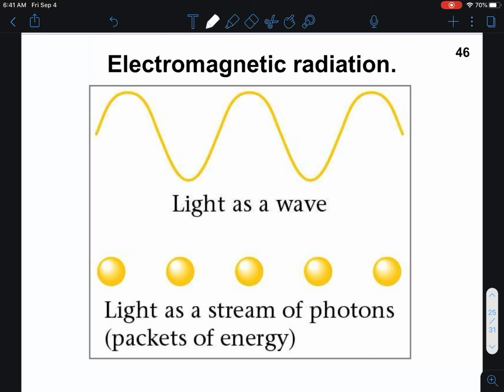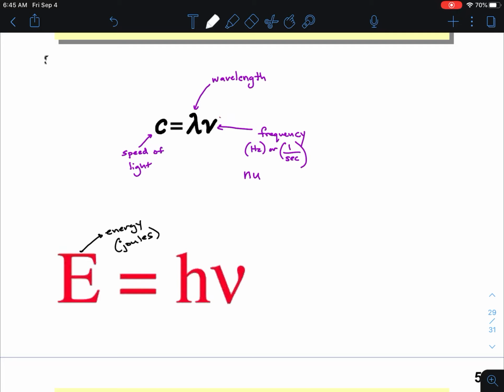Another equation I want you to be familiar with: E equals h times nu. Nu is once again frequency, and E is energy in joules. What is a joule? It's not a vape, it's a unit of energy. It's basically how much energy it takes to move a 1 kilogram object with 1 newton of force for 1 meter.